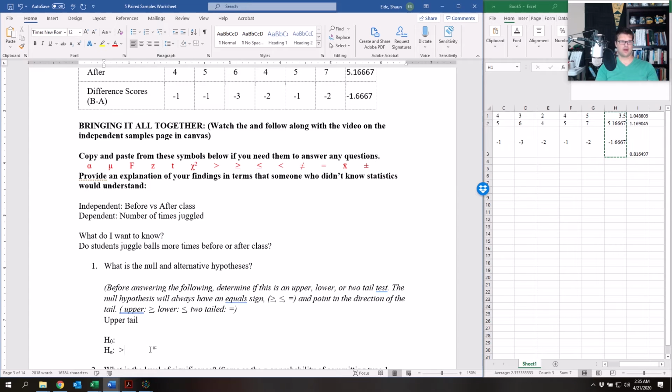The alternative hypothesis is going to point towards the upper tail, which means that the null hypothesis is going to point towards the lower tail with an equal sign.